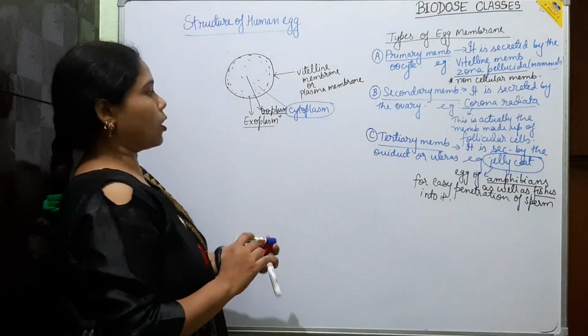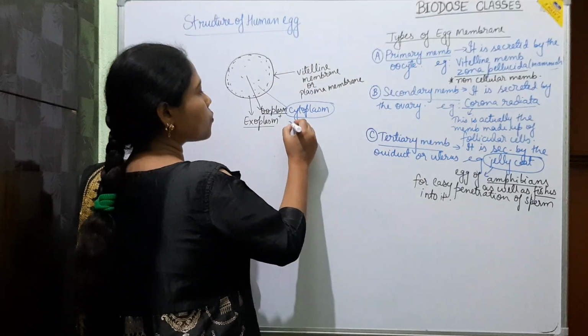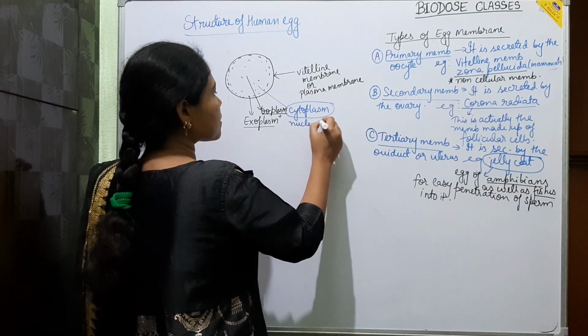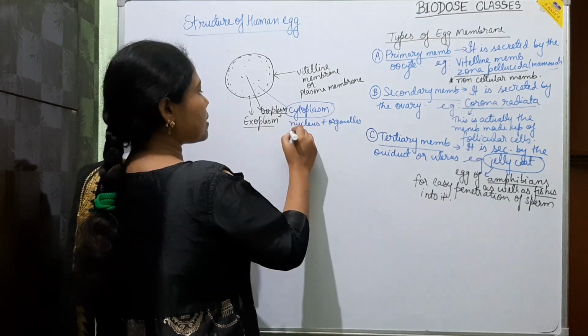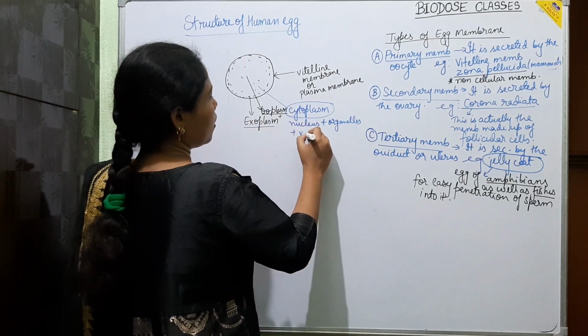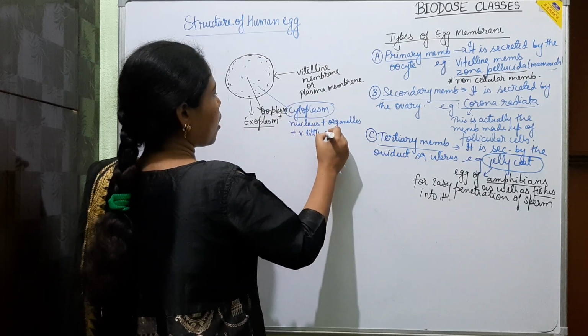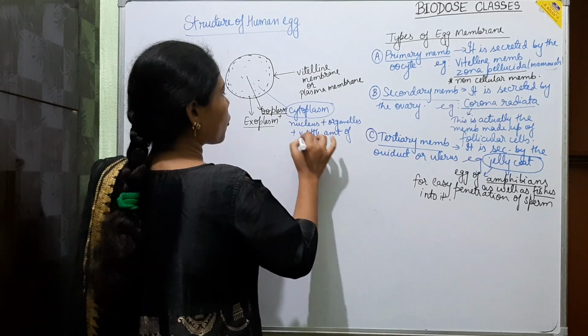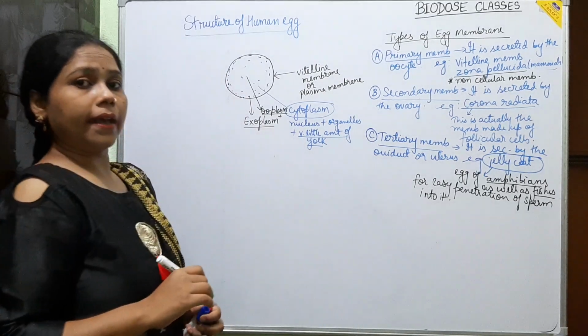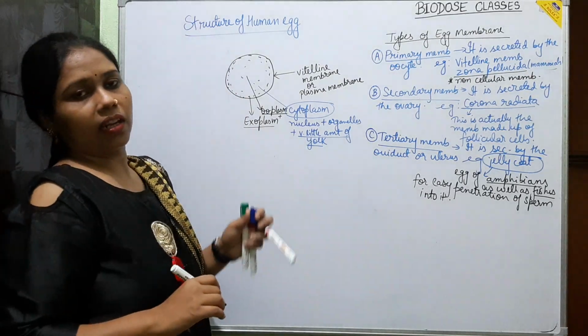So exoplasm plus ooplasm is equal to the cytoplasm of the human egg. And in this cytoplasm there is nucleus plus organelles plus a very little amount of yolk. This is also an important point: human eggs are alecithal in nature.